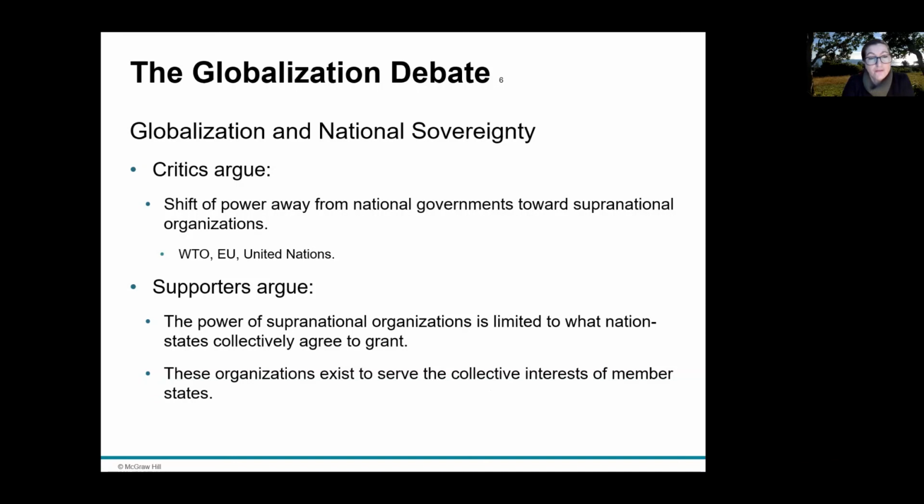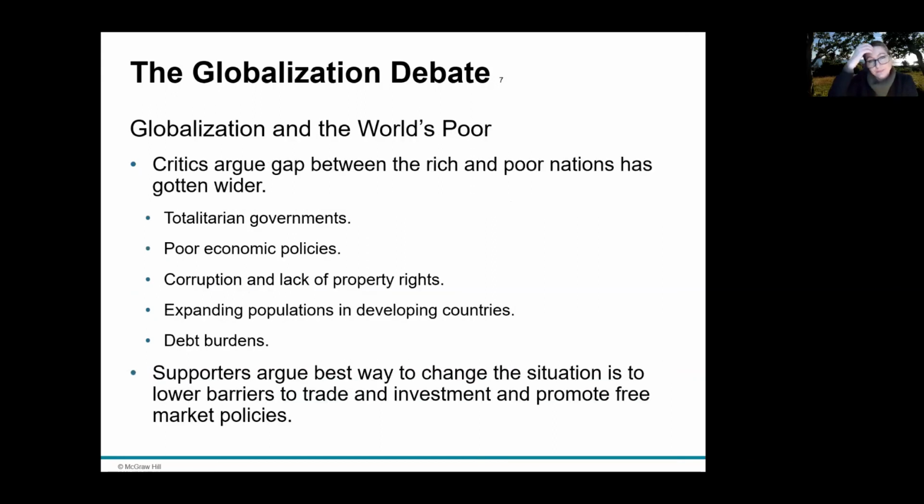They want to give the power back to the national governments, the independent nation states. In contrast, supporters of globalization argue that these supranational organizations such as the WTO and the United Nations are limited to what the nation states actually agree to.